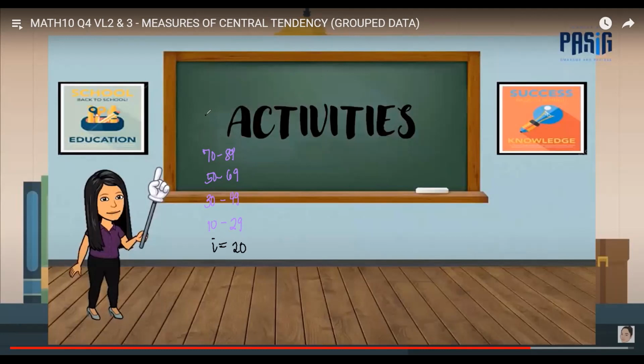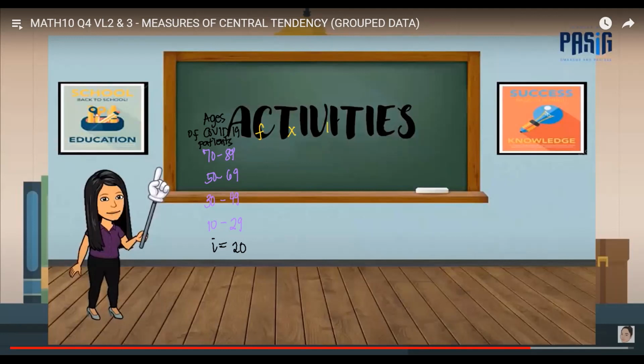Next, so these are the ages of those ages of COVID-19 patients. And ito yung frequency nila. Ito yung frequency nila. Class mark.